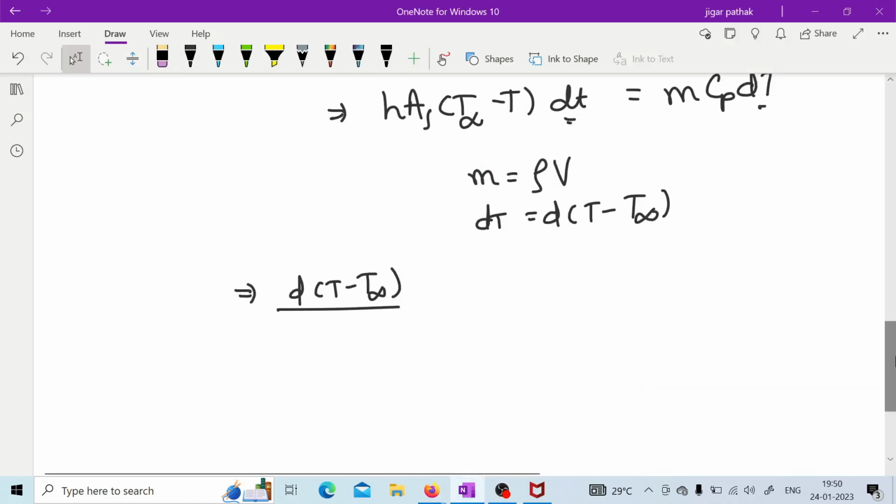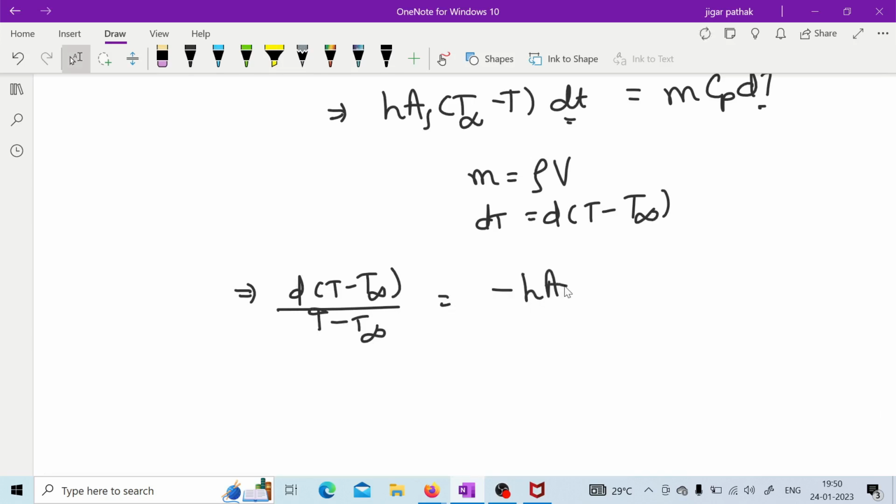So here we can rearrange this as d(T minus T infinity) upon (T minus T infinity) equals minus h A_s upon rho V cp dt. This negative sign has come because we changed T infinity minus T to T minus T infinity here, right? So after simplification you can give it like this, and then you can integrate it from the initial temperature Ti to the temperature T at a particular time t.